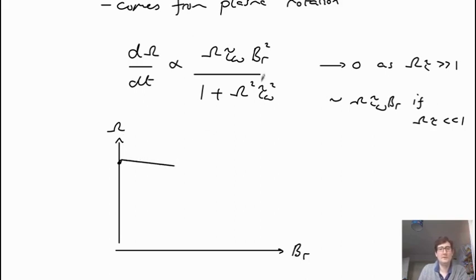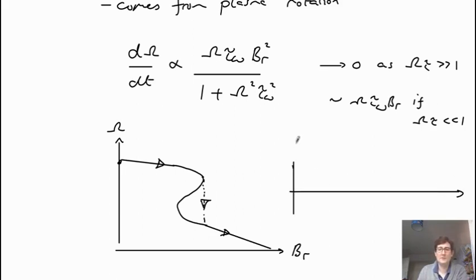As this external field increases, the mode is growing, the plasma slows down quicker, and then eventually you get to the point where it will lock, and the solution will jump to a lower solution like this. What's happened here is that there's a bifurcation, so this curve looks something like this. And so what will happen is the plasma will go down here and then suddenly drop and then slow down.